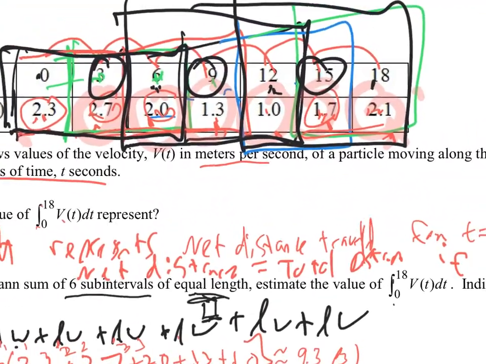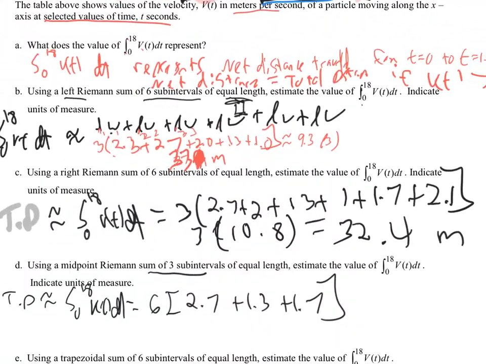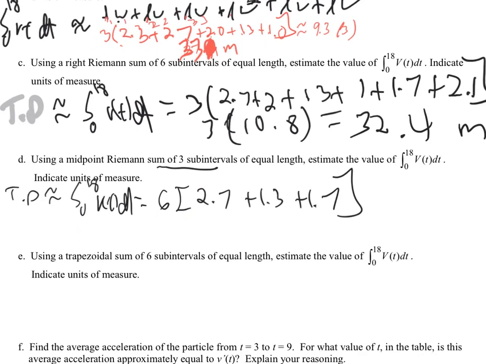That's 6 times, it should be easier to do 3 numbers. 2, 3, 4, 5, 5.7. That's 34.2 meters.